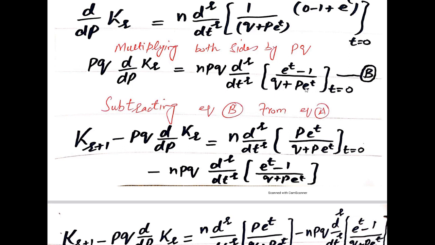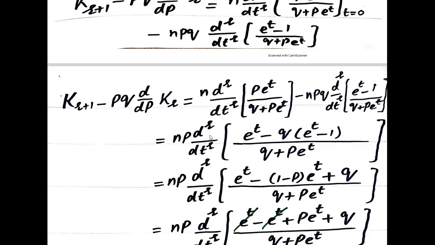Now write this number: npq d^r over dt^r of (e^t minus 1)(q plus p e raised to the power t). Now we differentiate. np is common in both terms. We take common np, and d^r over dt^r is also common in both terms.